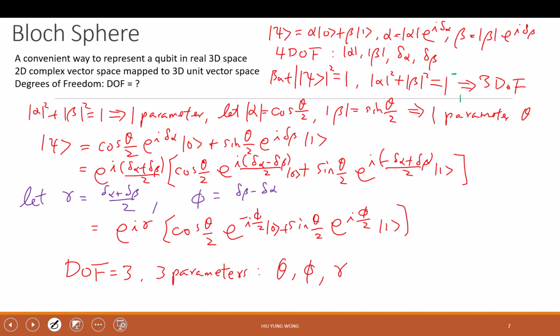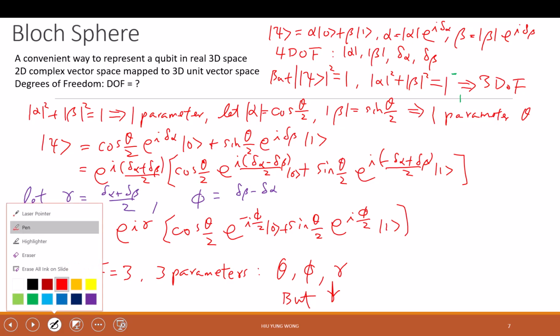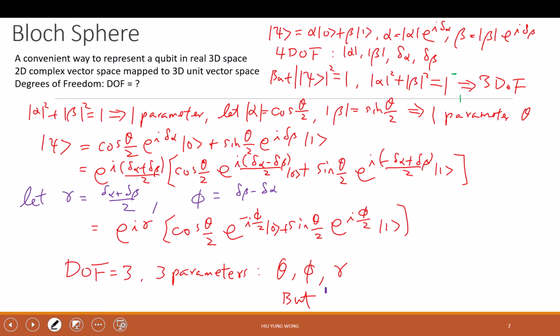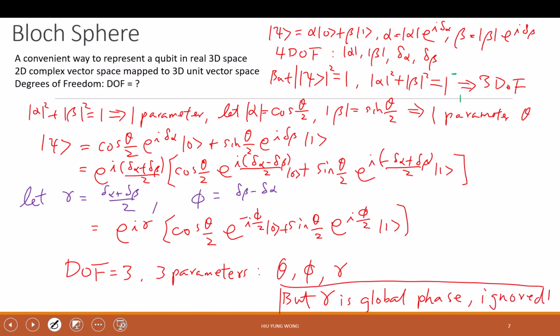But gamma is what we call the global phase. And we are going to ignore it. Gamma is e to the power i gamma in front of the whole wave function. We can ignore it.